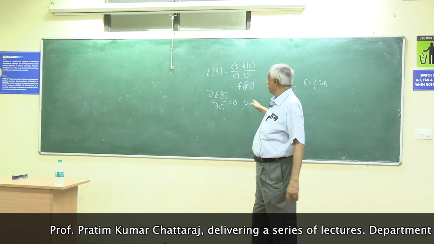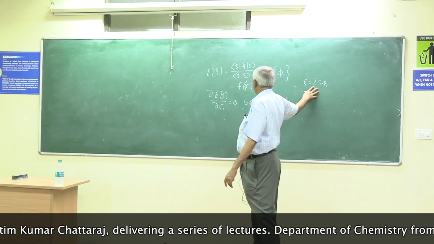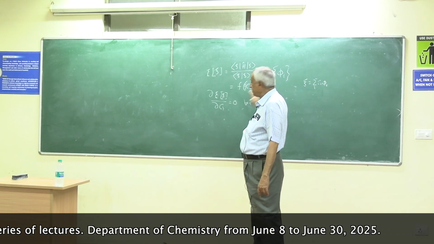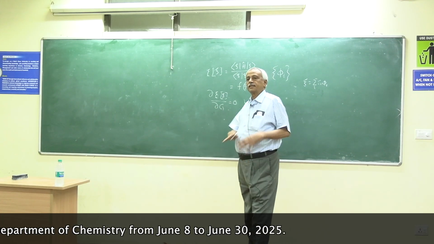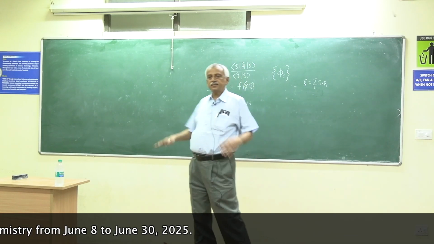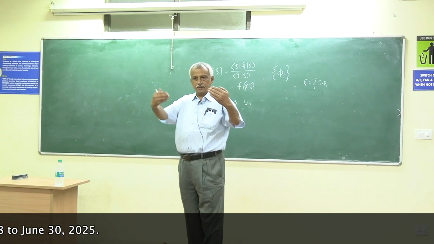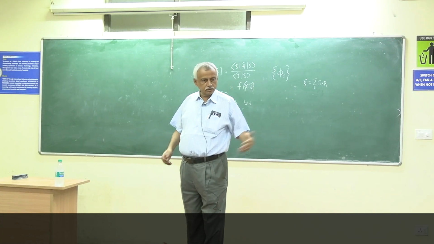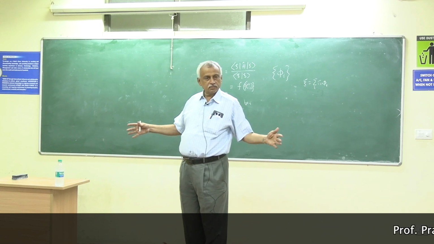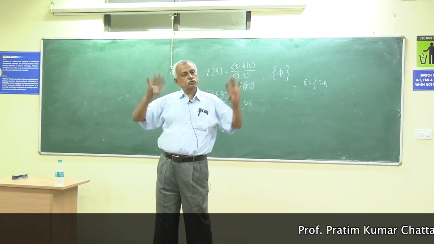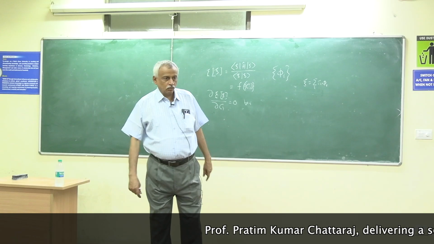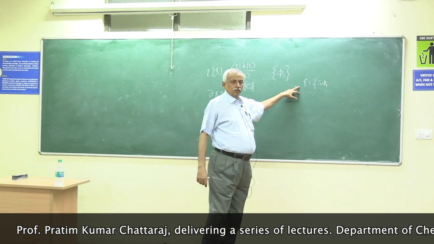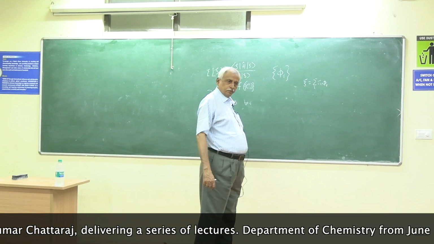So in a nutshell, you have a trial function, expand the trial function in a given basis set, and calculate all these derivatives in terms of various Ci's. There are n unknown Ci's and n equations you are getting, like del E del C1 equal to 0, del E del C2 equal to 0, and that way n such equations. You solve them for the n unknowns C1, C2, and so on. Once you get them, you put them back over here, because you have already taken an optimal solution.